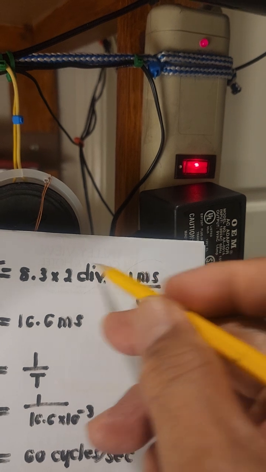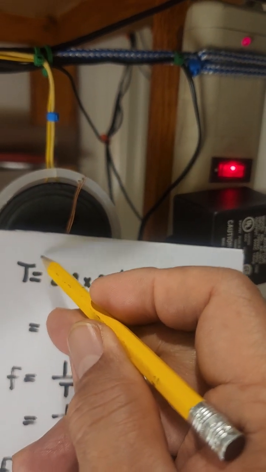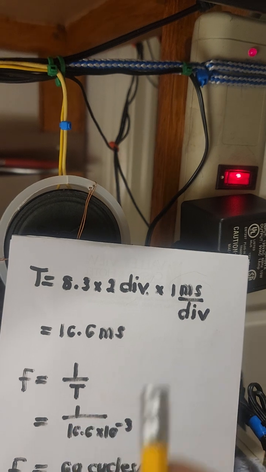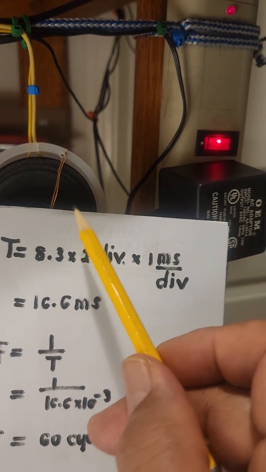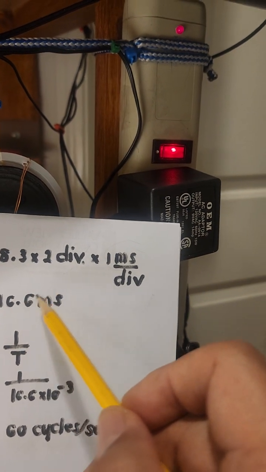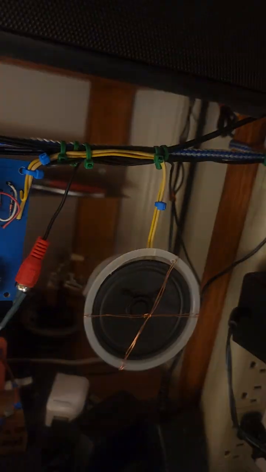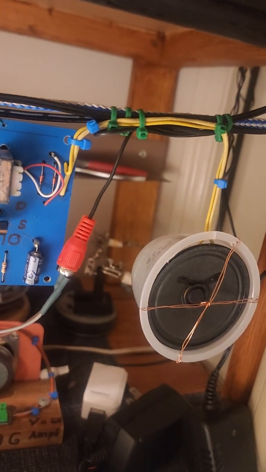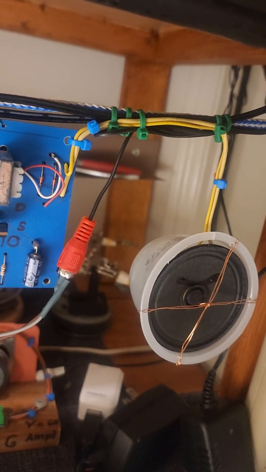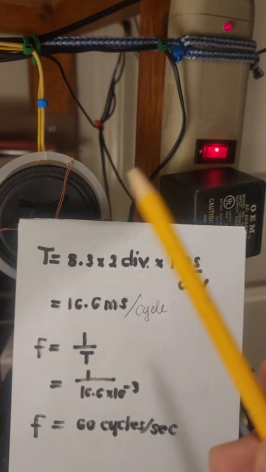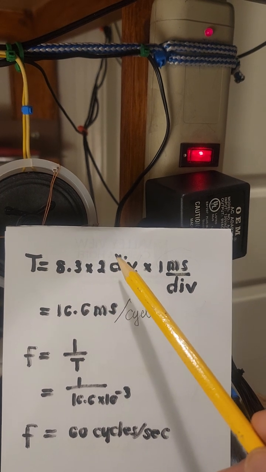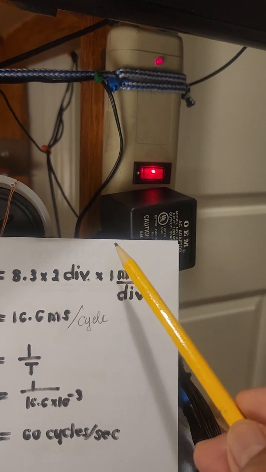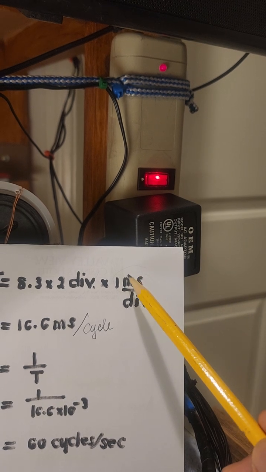What will come out is the capital letter T, the number of seconds per cycle. 8.3 times 2 will be 16.6 milliseconds per cycle. So 8.3 times 2 is the complete cycle number of divisions, and to get the total seconds per cycle, we multiply that by the setting of 1 millisecond per division. This is this one.